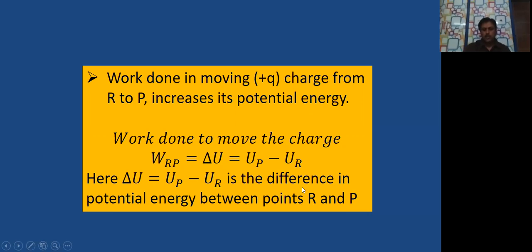Difference. So here UP minus UR is symbolizing the increase in the potential energy as is shown in the first point. Okay, so here increase and difference are one and the same. Okay, so let me move on. Please keep that in mind.